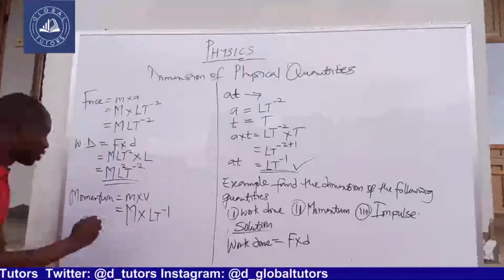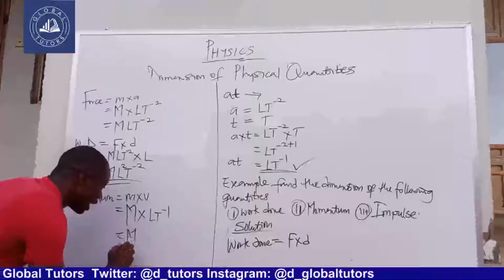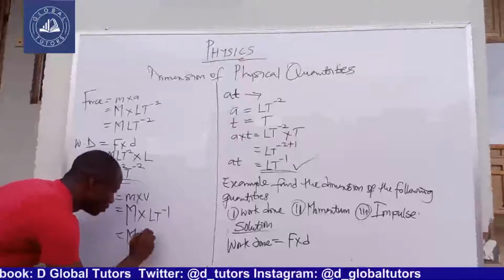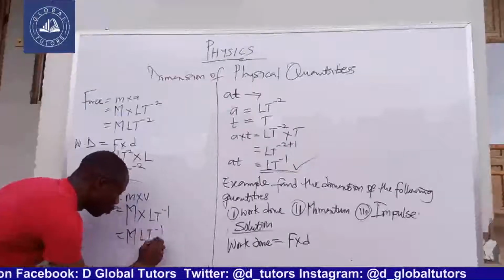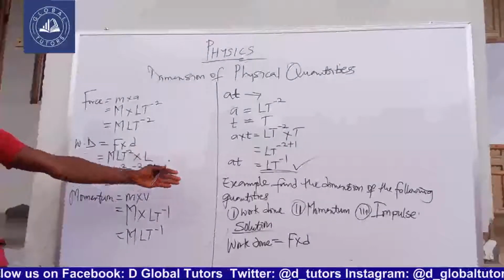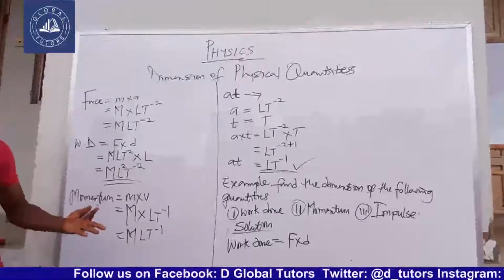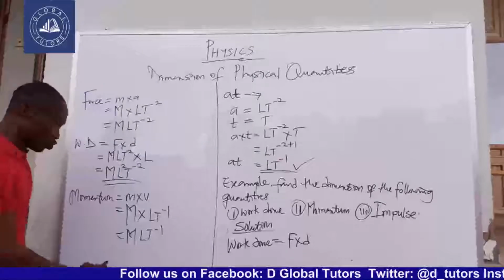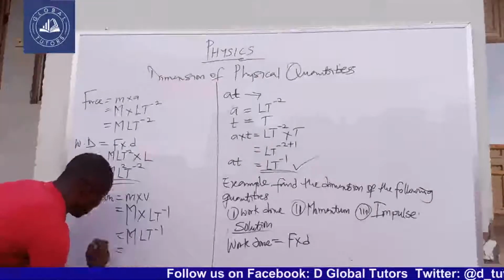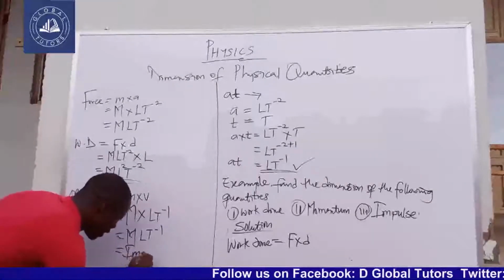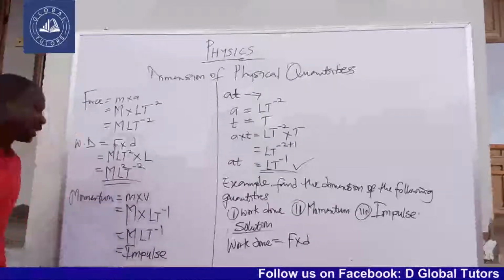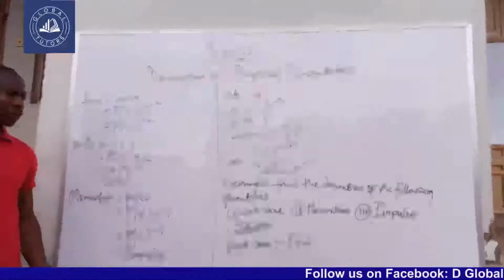So the dimension of momentum equals MLT minus 1. And don't forget, momentum is the same thing as impulse, so they have the same dimension.